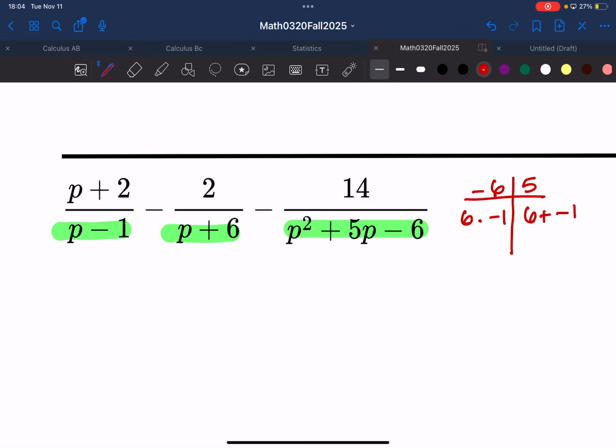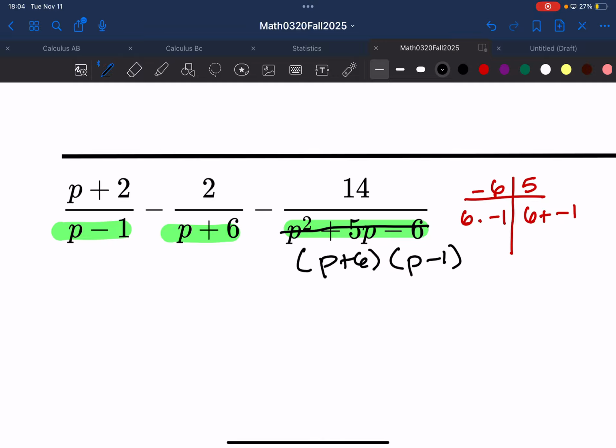So that means I can cross this out, and since our a value is 1, I can go straight to saying p plus 6, p minus 1. So notice that those factors match up with the other fractions' denominators. Typically they will, okay?